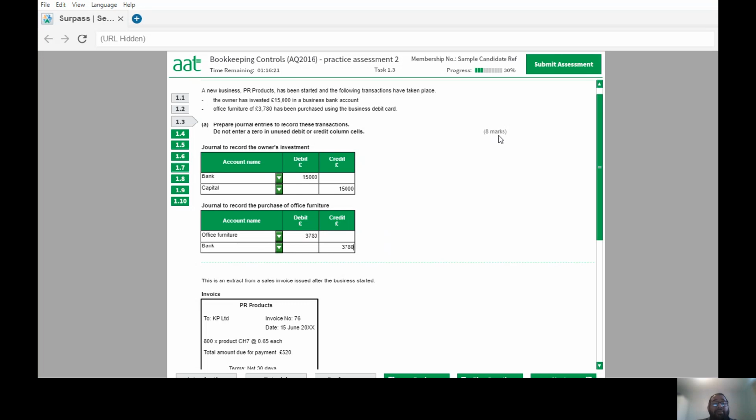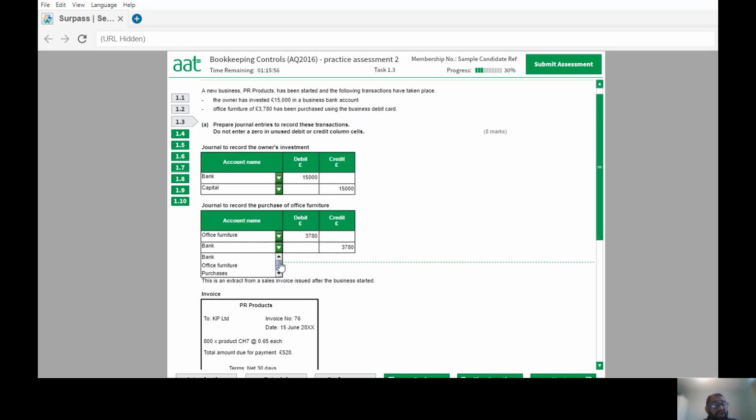But remember, 8 marks for this question. You always wonder how come there are so many marks on this, but this is how these questions are worded. Whenever you get it, don't overthink it, just look for the facts. If the owner is paying using his own debit card, what happens now? We create an asset, and we go back here and create this entry as capital as well.